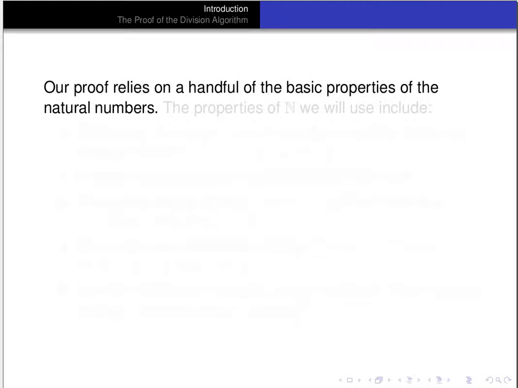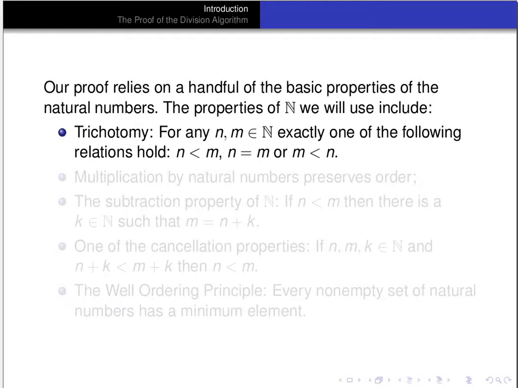Our proof of the division algorithm is going to rely on a handful of basic properties of the natural numbers. The properties we'll use include the following. Trichotomy. Recall that trichotomy of the ordering on the natural numbers says that for any two natural numbers n and m, exactly one of the following relations holds: n is strictly less than m, n is equal to m, or m is strictly less than n.